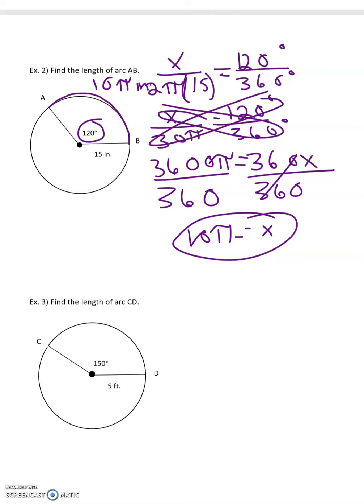If not, I'm going to start it. Again, we're looking for arc length, so that's our x, over our circumference, which is 2 times pi times 5. And then we have our arc measure, which is 150 degrees over 360 degrees.